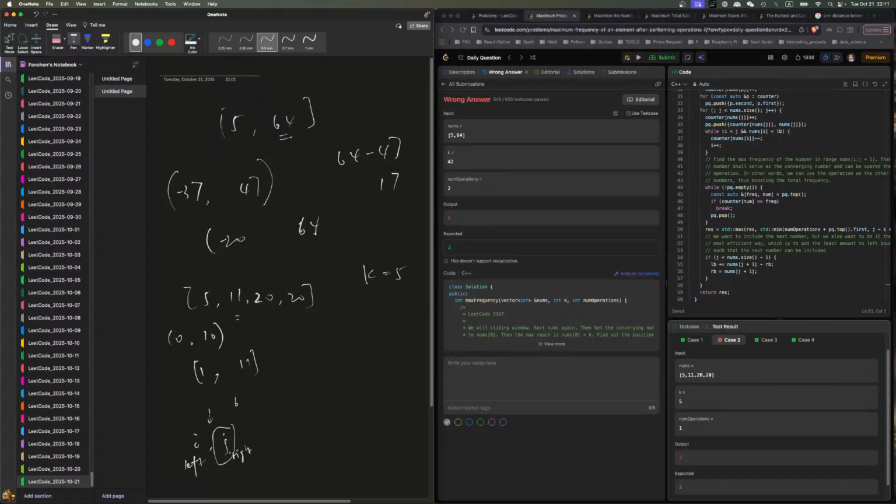Then who in between should facilitate? So j can minus k. So nums j minus k will get the smallest number possible to facilitate. So we'll get some value.